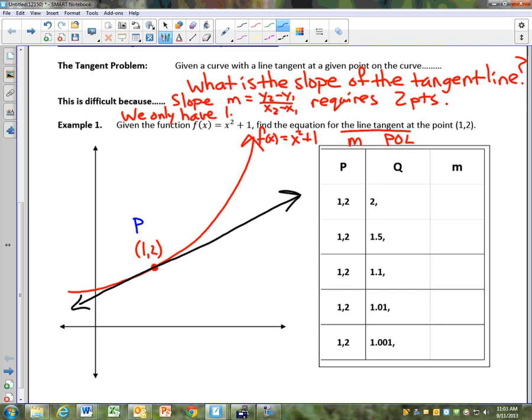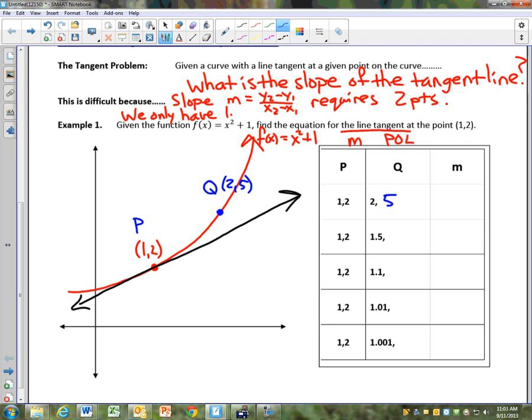We'll put it right here. Can somebody tell me what is the y value of Q? 5. How do you get 5? Yep. 2 squared is 4 plus 1 is 5. So the location of this point is 2, 5.